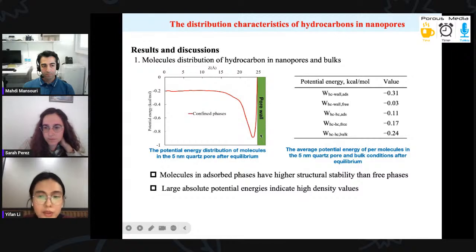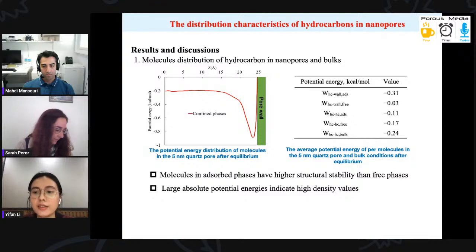That means molecules packed tightly here have higher structural stability than the free phase molecules. So molecules are prone to aggregate on the pore wall to form a stable adsorption layer with high density packs. From the energy point of view, a large absolute potential energy indicates a high density value.